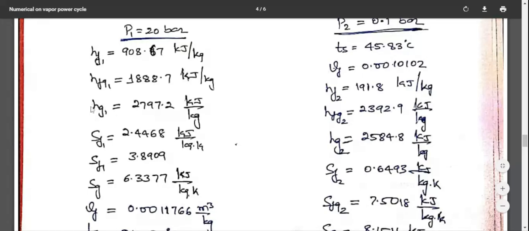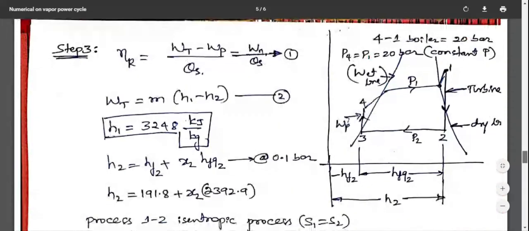Gas is nothing but dry steam. If this value is given, we will consider it as dry steam condition. Instead of taking 1 to 2, I could have taken from this point. But the given enthalpy is more than 2772, that is 3248. That is the reason it is superheated condition.